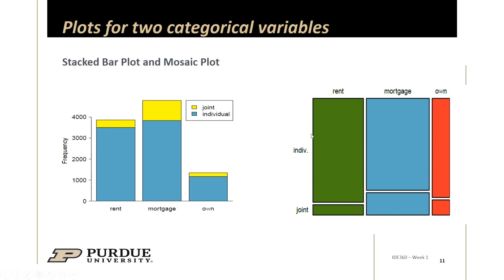As well, the size of the bars has a proportion related to the size of their group, you see. So for example, the smallest group is own, which has the narrowest bar, and the largest group is mortgage, which has the widest bar.